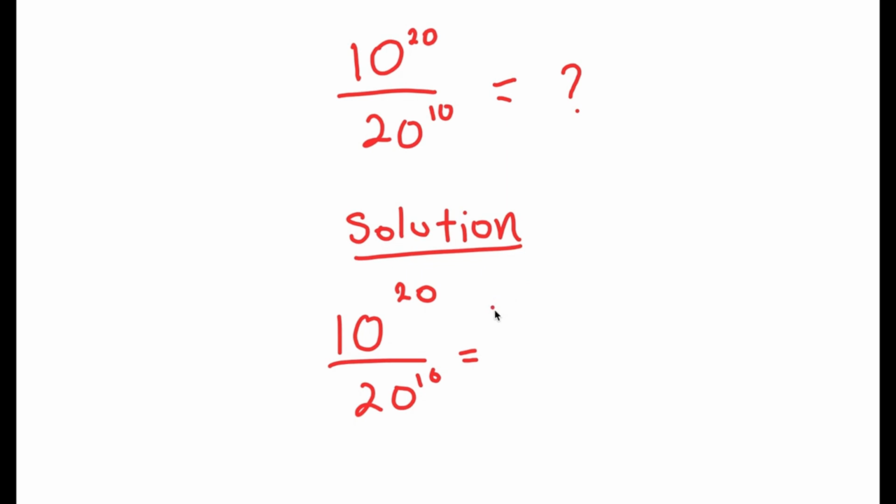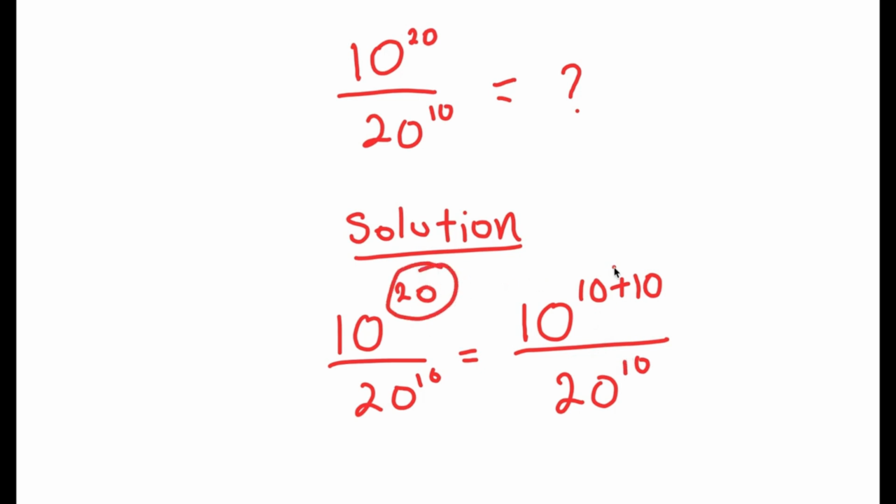And I'm going to rewrite this as 10^(10+10) over 20^10. So I rewrote 20, my exponent here, as 10 plus 10.